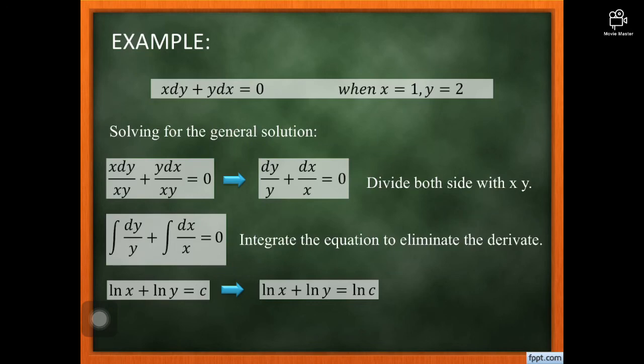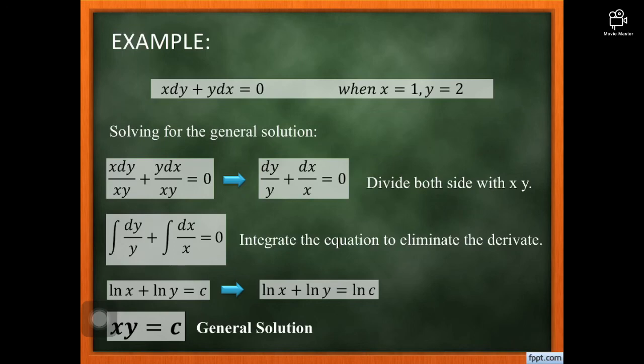Remember that when you integrate, you will have an arbitrary constant. So we have a final answer that xy is equal to c. So xy is equal to c is your general solution.